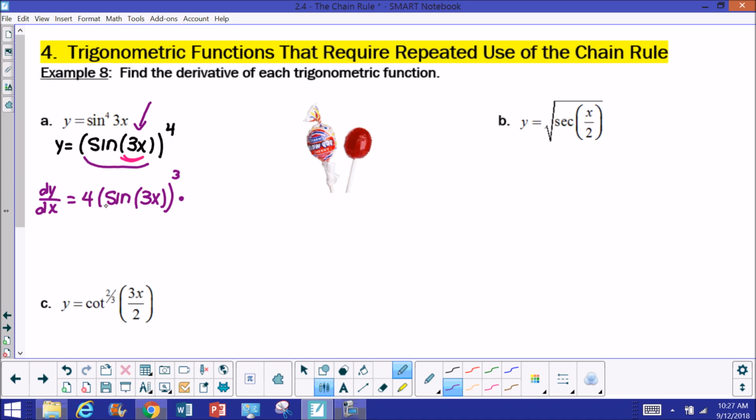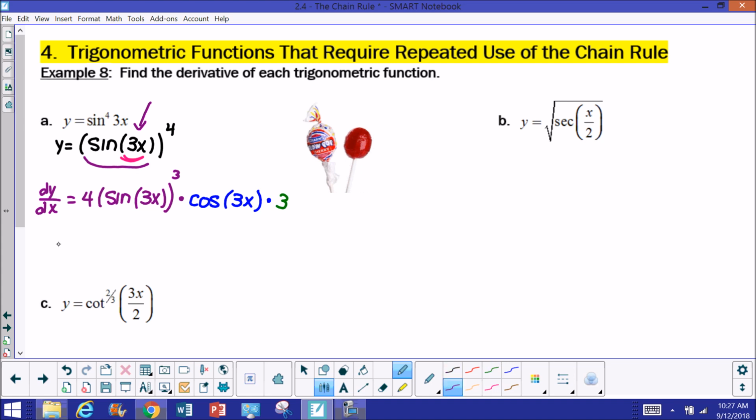So what is the derivative of the sine of 3x? Well, that would be the cosine of 3x, but we still have to continue because the gum needs a derivative, and the value of that derivative of 3x would be 3. So do you see the double chain rule? There are 2 links in the chain, so to speak. Okay?